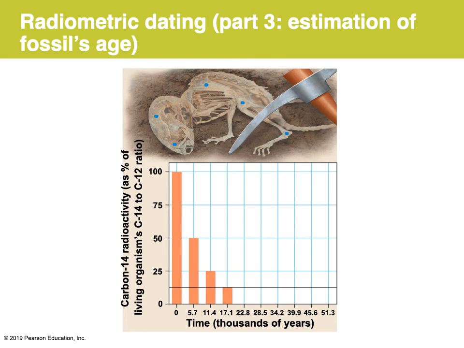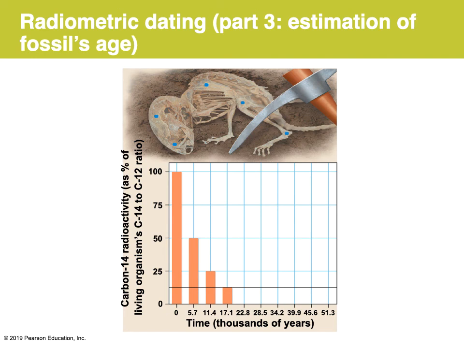So as the proportion changes from carbon-14 to carbon-12, as you get more and more carbon-12, that tells you how long this thing has been dead, how long it has not been undergoing metabolism. So if you take that mouse and you measure the proportion of carbon-14 to carbon-12 from that fossil, you can get a rough estimate of how long.